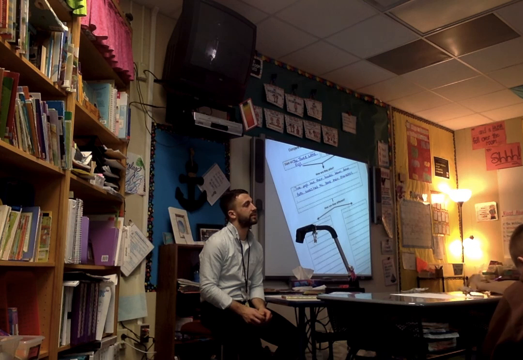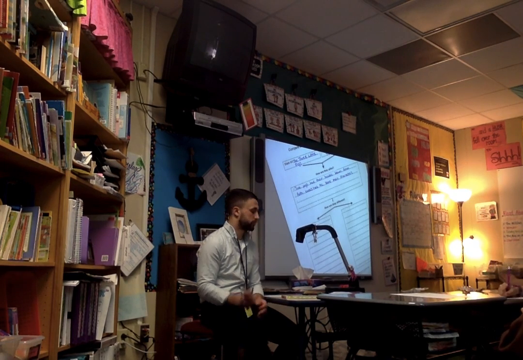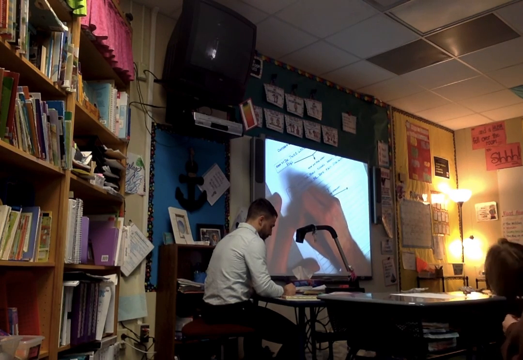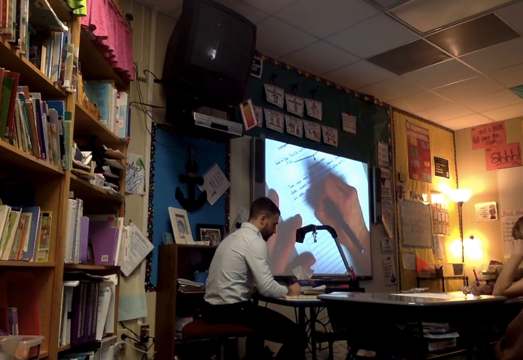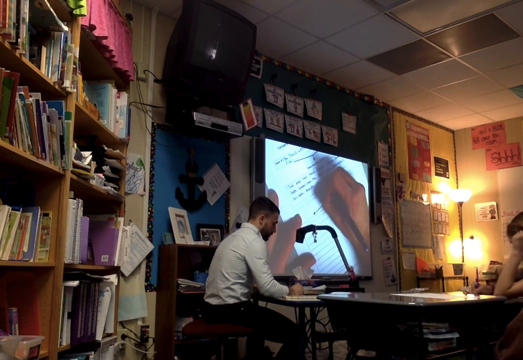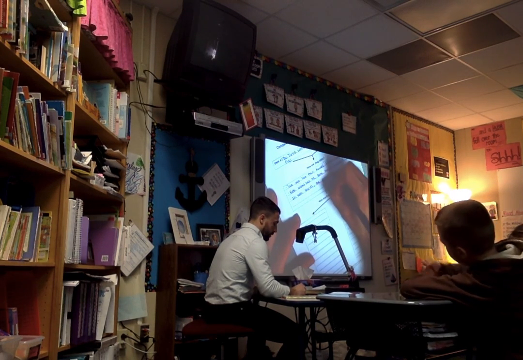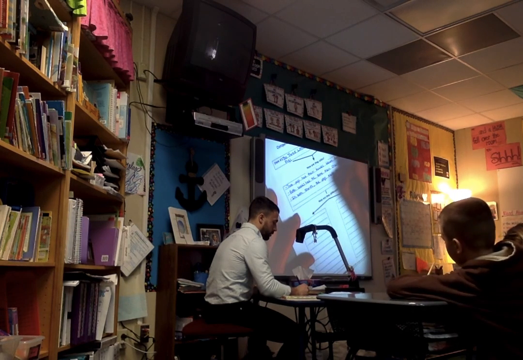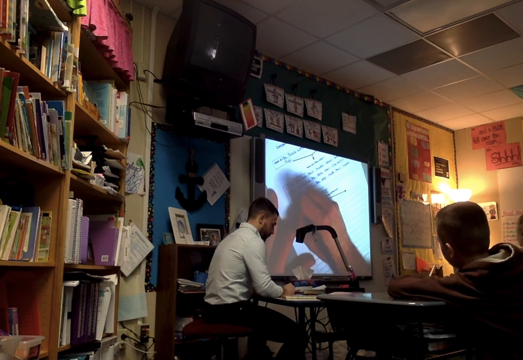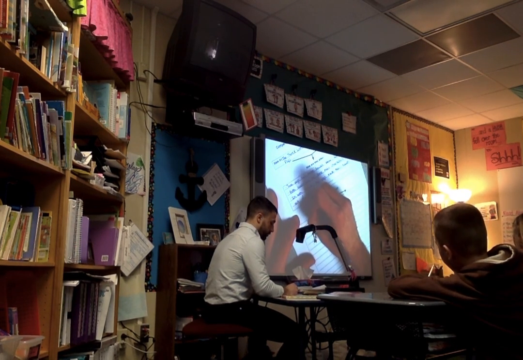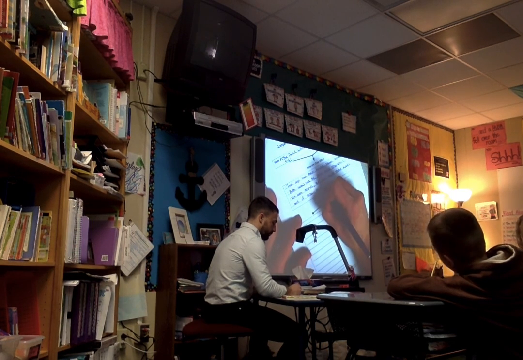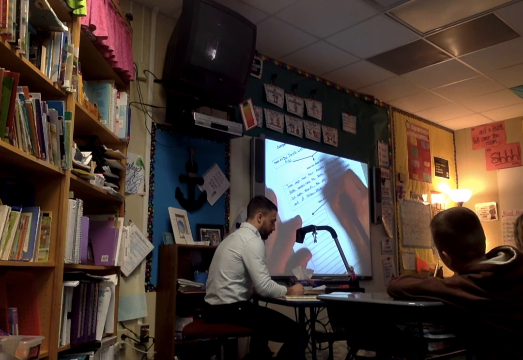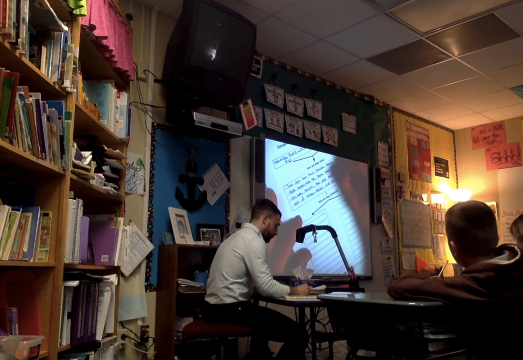In both stories, the three little pigs made their houses out of straw, sticks, and bricks.